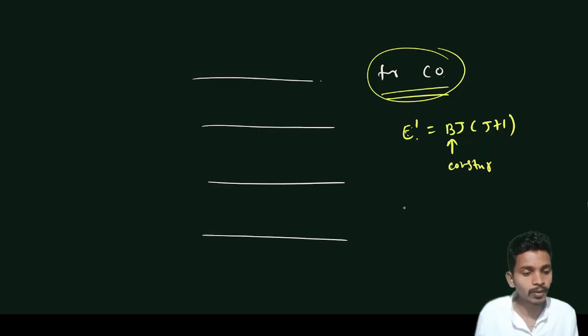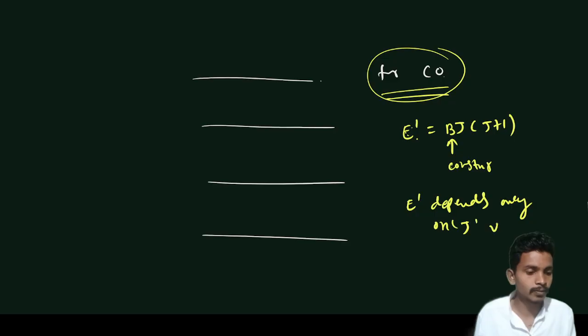So E dash depends only on the J value, because B is constant.